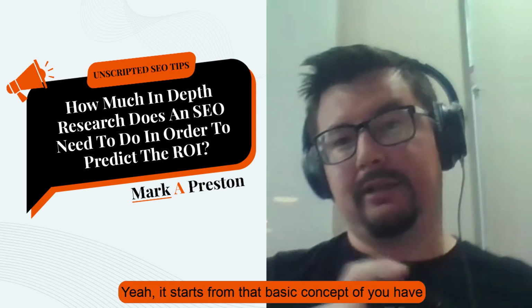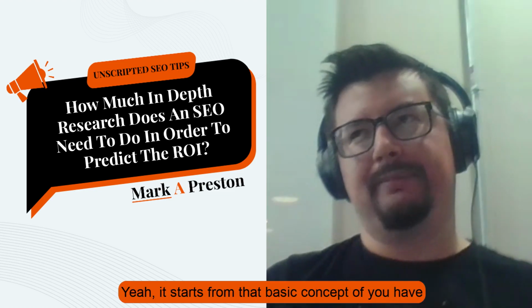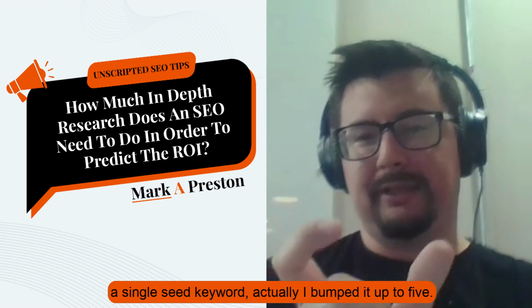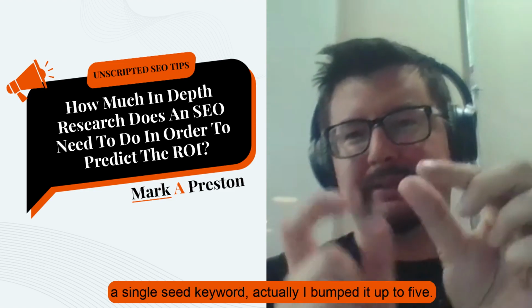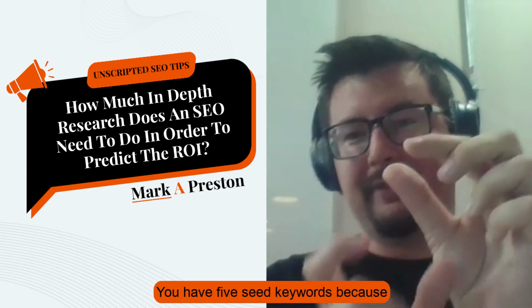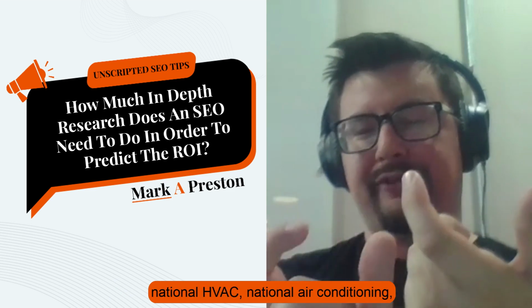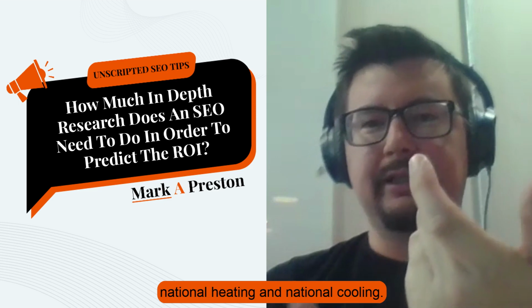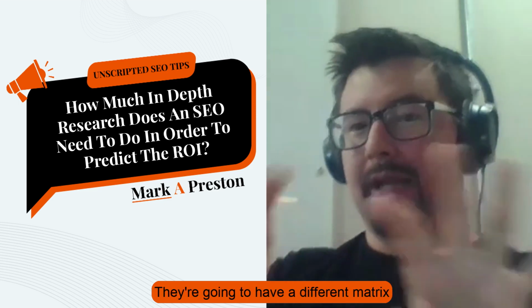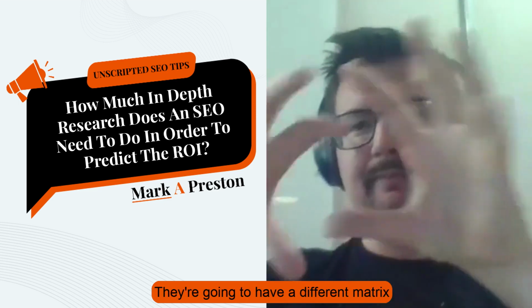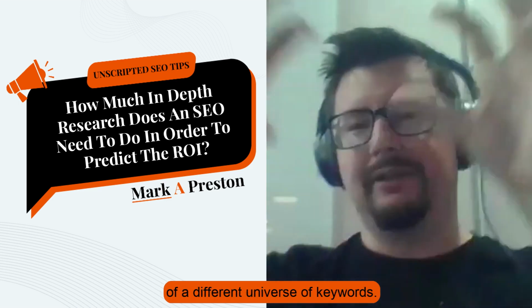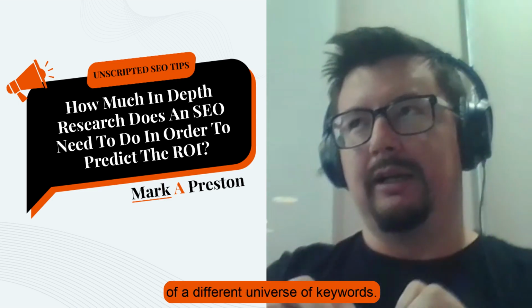Yeah, it starts from the basic concept of you have a single seed keyword. Actually, I bumped it up to 5. You have 5 seed keywords because national HVAC and national air conditioning, national heating, and national cooling, they're going to have a different universe of keywords.